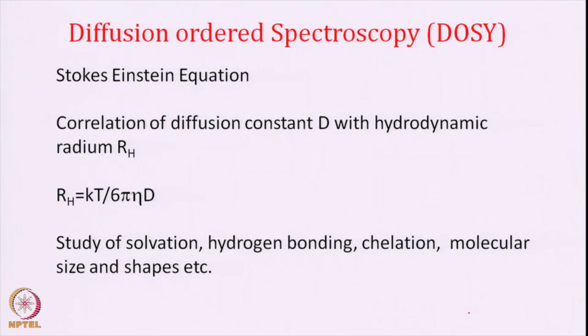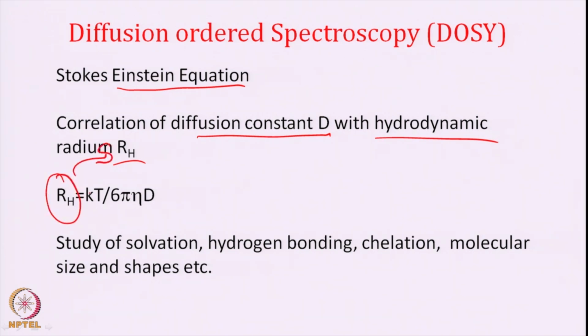So, diffusion takes account of the Stokes-Einstein relation, and as we discussed, it has a correlation between the diffusion constant D and the hydrodynamic radius. So, R_H, the hydrodynamic radius, equals kT over 6 pi eta D, where k is the Boltzmann constant, T is temperature, eta is the viscosity and D is the diffusivity.